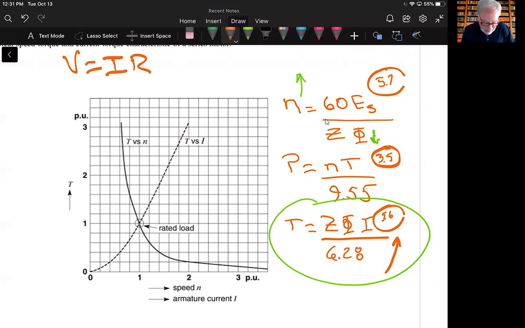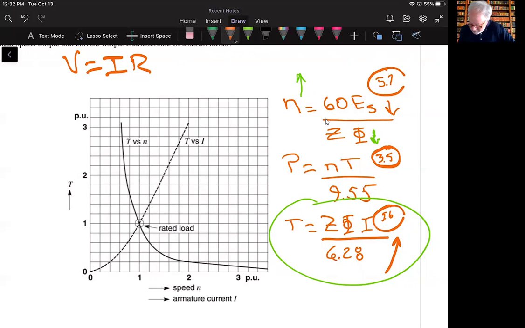This would cause an IR drop across the resistor and the field, which reduces the armature supply voltage. So E sub S would fall, and if E sub S falls, the speed would fall. Okay. So those are a couple of ways that you can change the series motor speed. We call that series motor speed control.